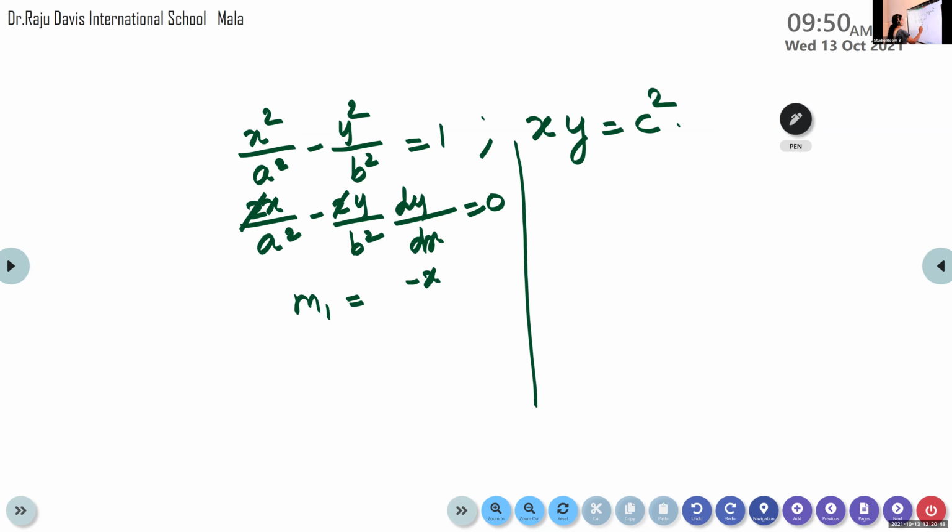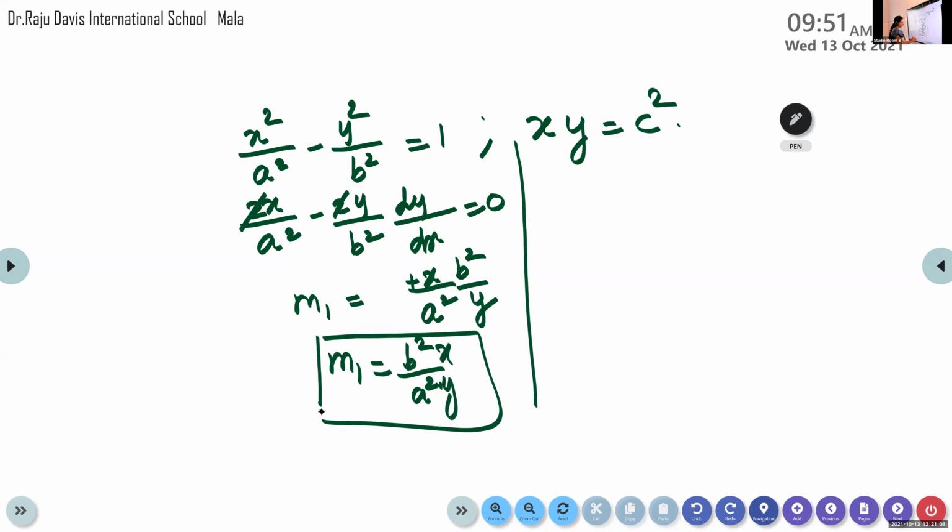So we'll get minus x by a square, then the negative going to the other side becomes positive, b square by y. So you should get M1 is equal to b square x by a square y. Is it correct?